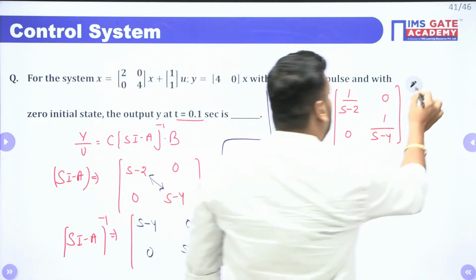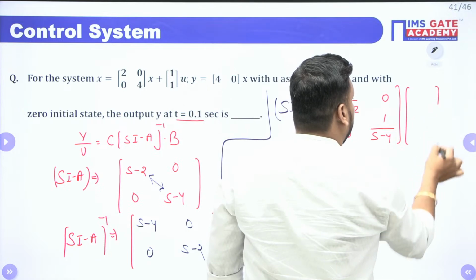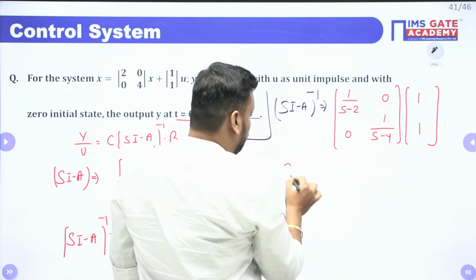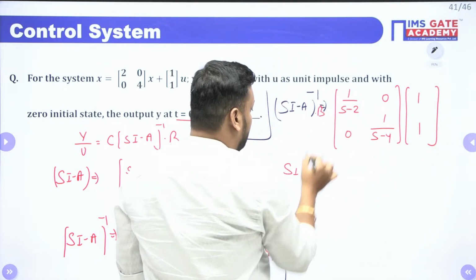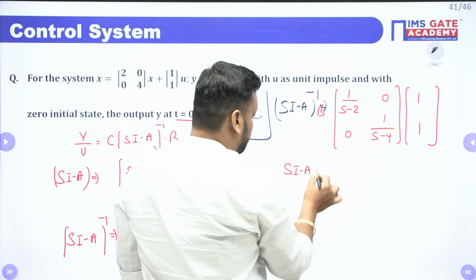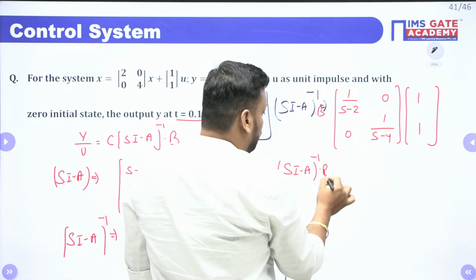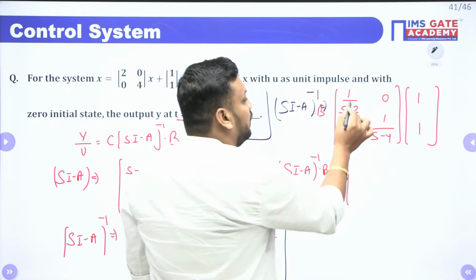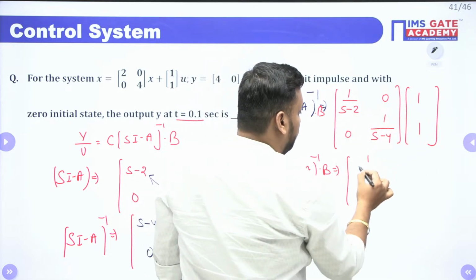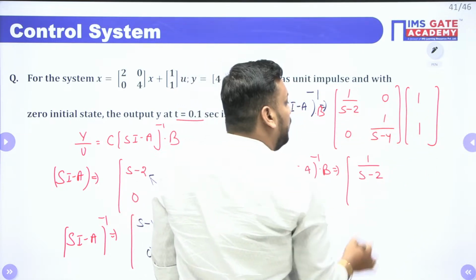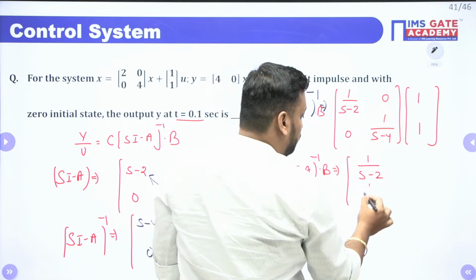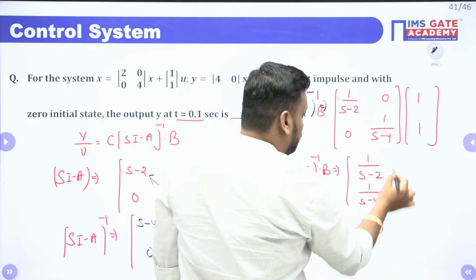B is [1; 1]. So (sI minus A) inverse into B is: 1 upon s minus 2 times 1, and 0 into this, and 1 upon s minus 4 here also.